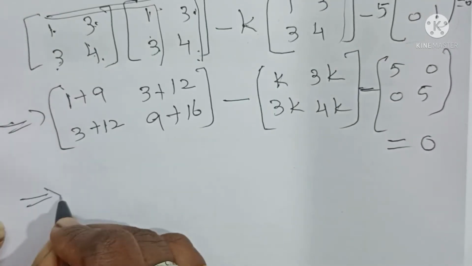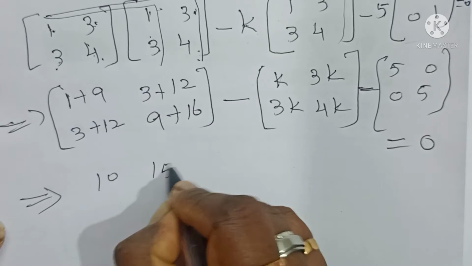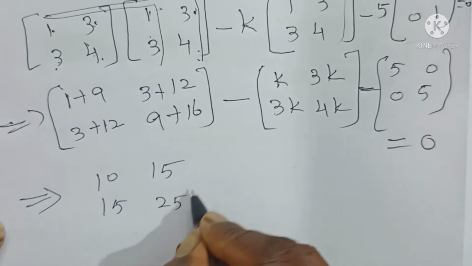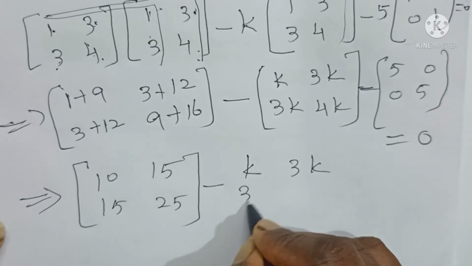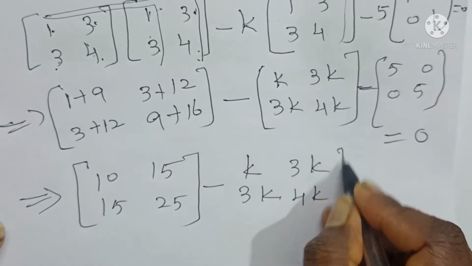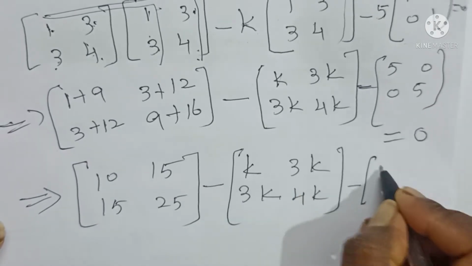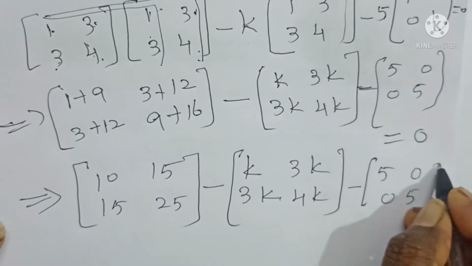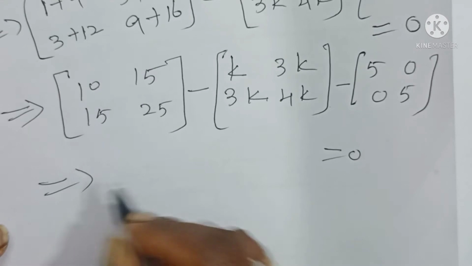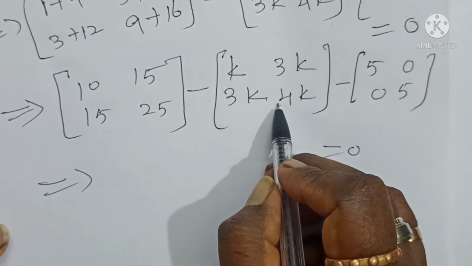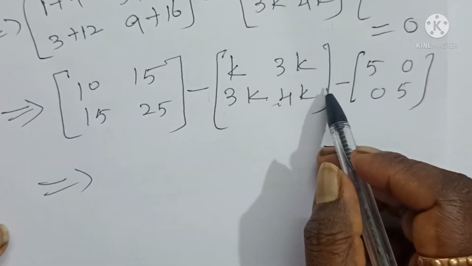Then you have to simplify this one. [10, 15; 15, 25] minus [k, 3k; 3k, 4k] minus [5, 0; 0, 5] which is equal to 0. So this implies the k terms are there, so leave them.